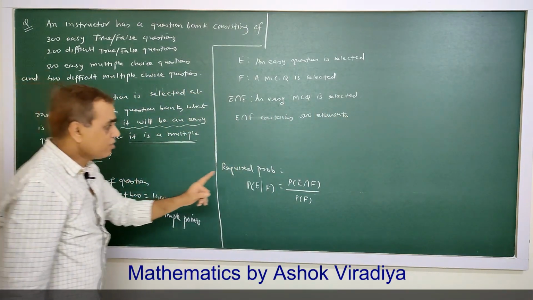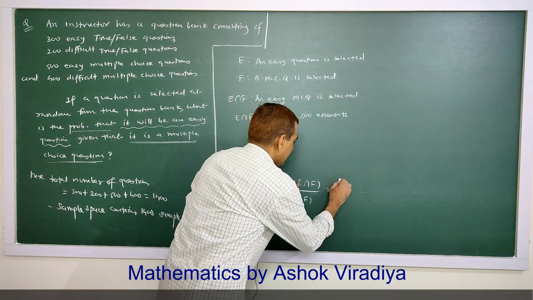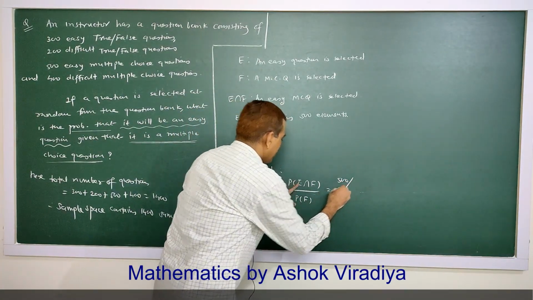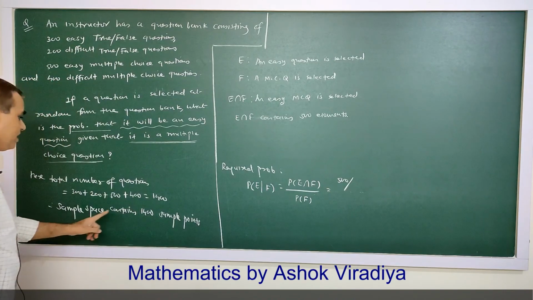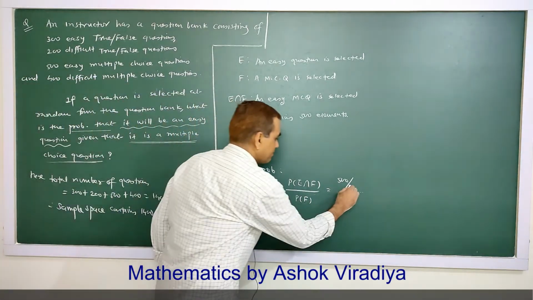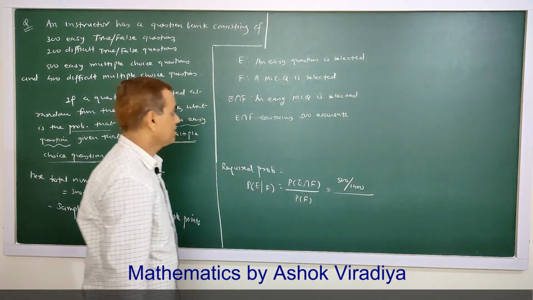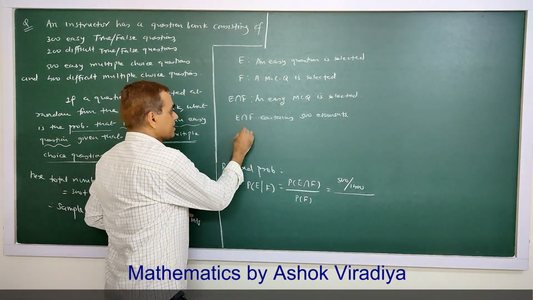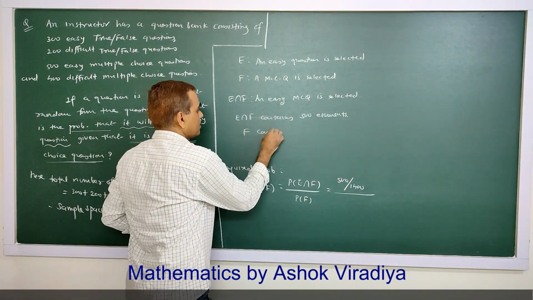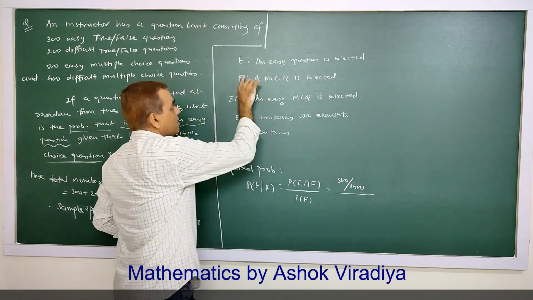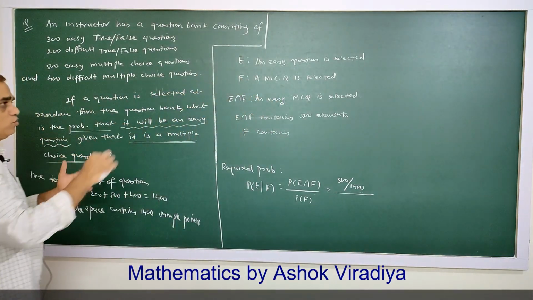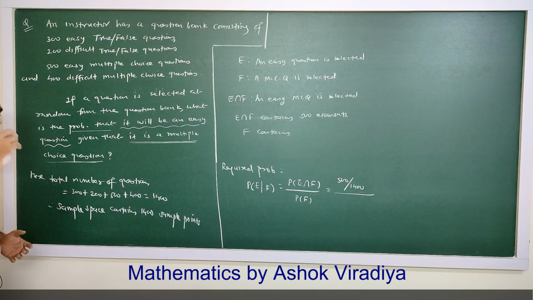So probability of E intersection F is 500 upon 1400, divided by, now F contains, F is MCQ, MCQ is selected. So how many total MCQ?